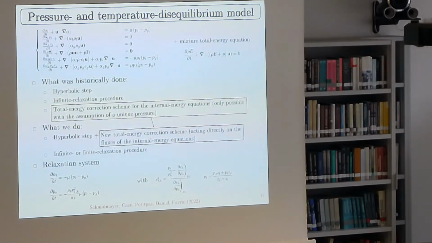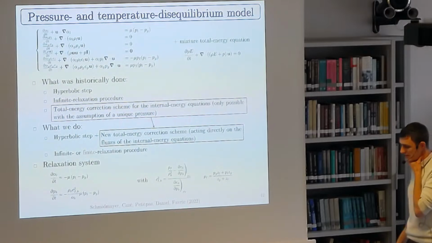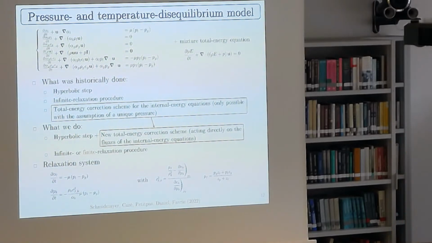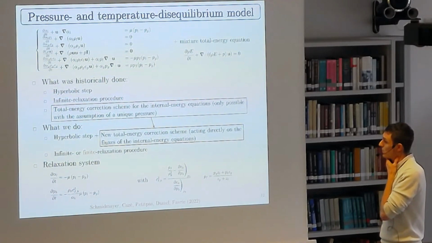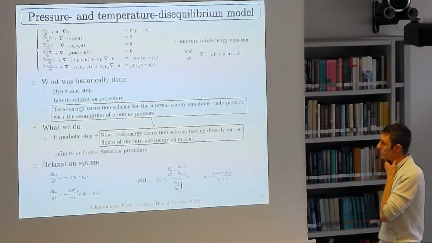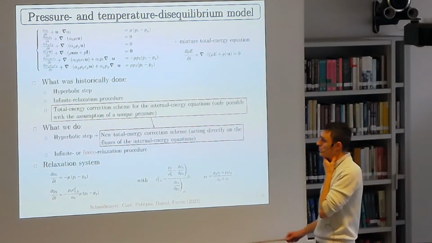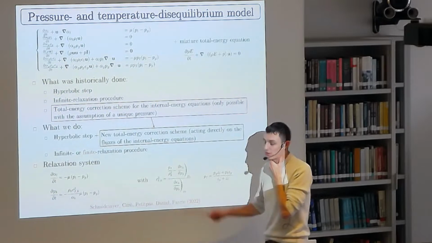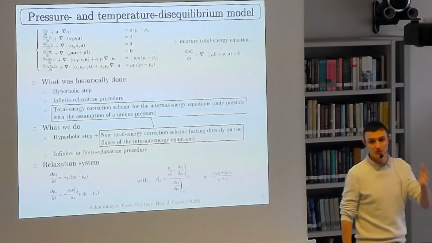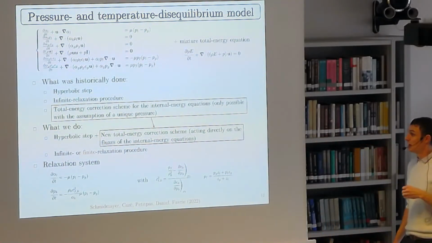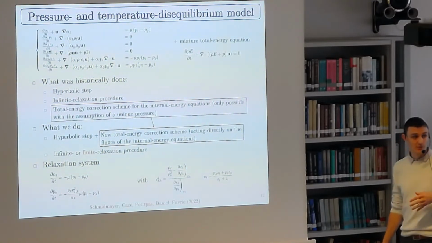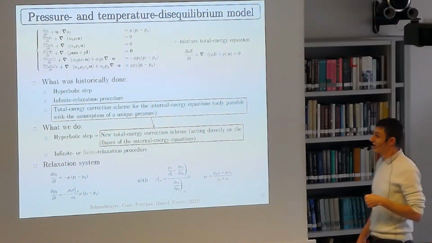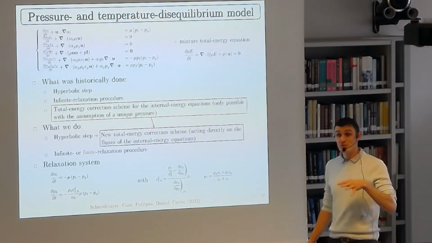Okay, so the paper was out at the beginning of the year, but the work was mainly done last year. At some point, for different reasons, we wanted to be able to have a finite relaxation instead of an infinite relaxation, which is what is done today. And the model that was proposed by Saurel in 2009 was not able to do finite relaxation.